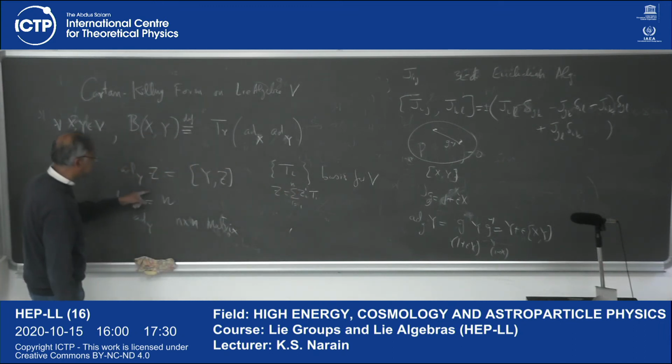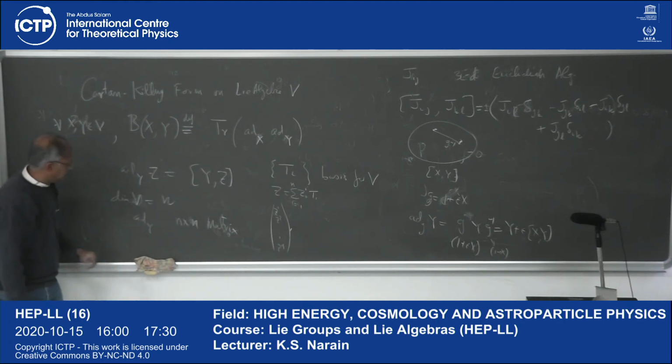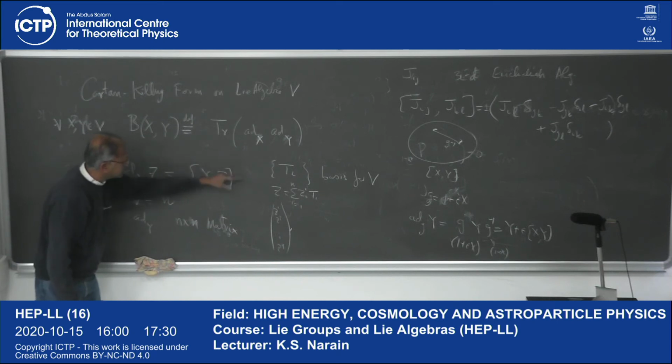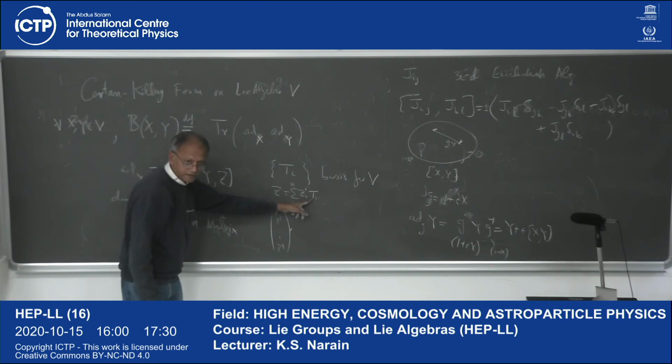So I can think of this Z in this basis as just a column vector, Z1, Z2, up to Zn. And then similarly, on the right-hand side, you'll get something, but that something, again, I can expand in the same basis.